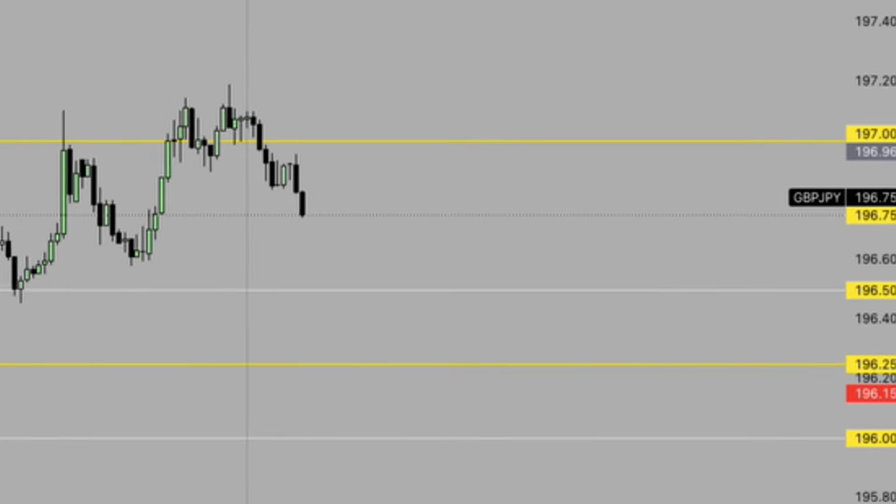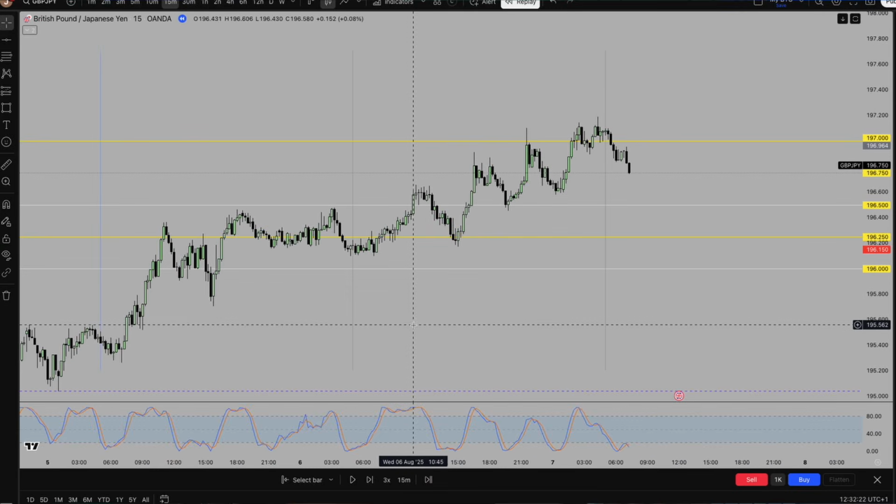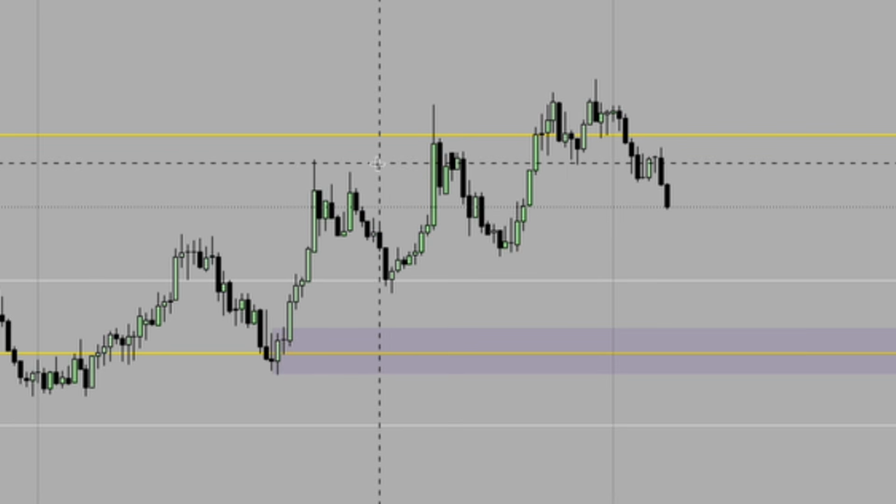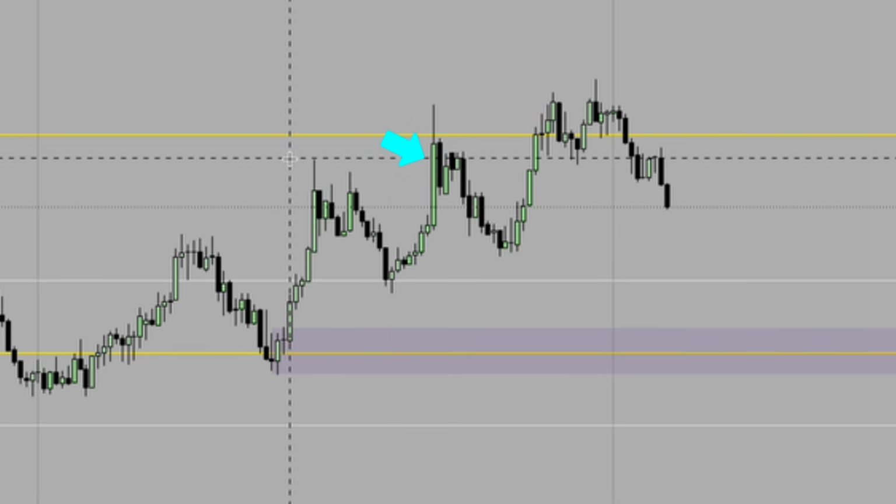Now, let's look for our demand zone. So this is a demand zone. This demand zone lines up perfectly with this psychological level. And that is what I'm looking for. If we look at this side, you can see that this is a breakout structure.